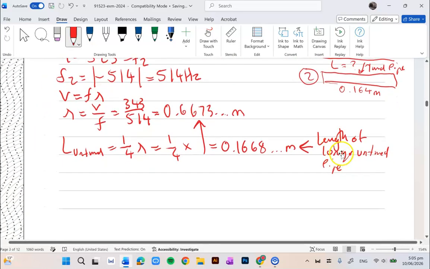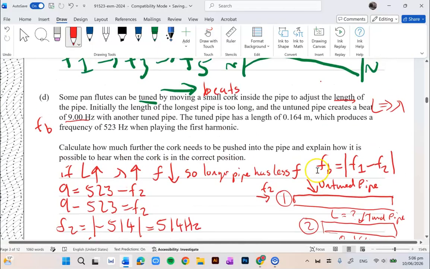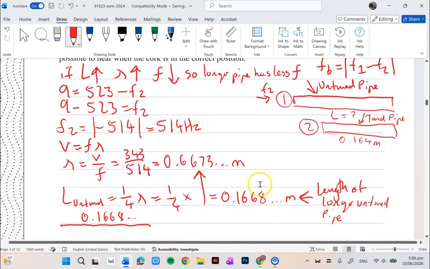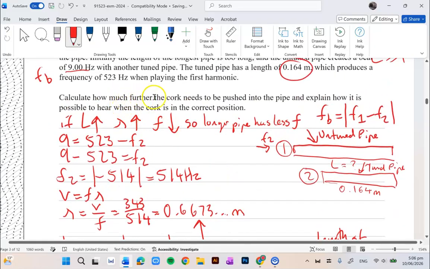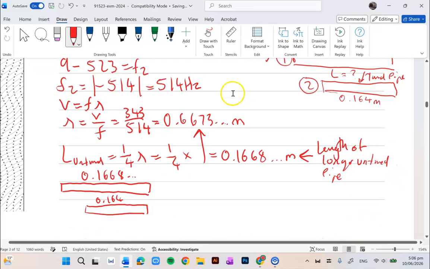So if I do my little diagram sketch again, this is that 0.1668 that we just found, and the shorter pipe is the 0.164. Okay, it's up here. We need to find how much further the cork needs to be pushed into the pipe so that it's in the correct position to have 0 beat frequency.